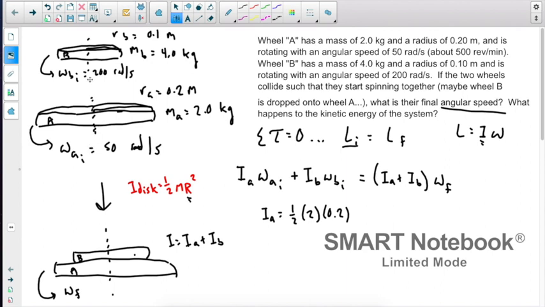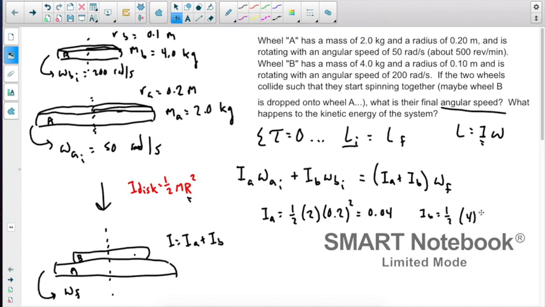Because both the wheels are rotating about an axis through their center, this R is just the radius. I don't need to use the parallel axis theorem. So 1/2 mr squared, that's going to be the value for A. And for A, it looks like that's going to be 0.04. And for B, do the exact same operation.